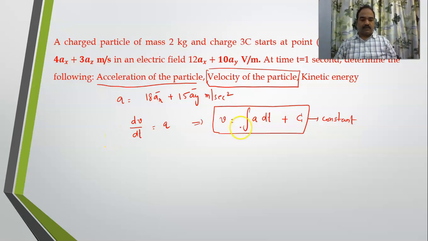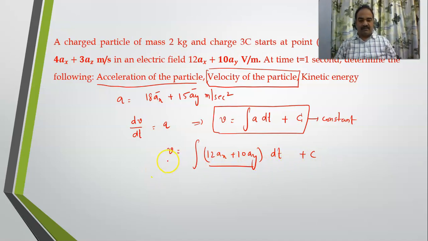Now, what I will do, you see, velocity is equal to integral of, what is a here? A is 12ax plus 10ay dt plus c. Now, if you carefully see, this is a vector and it can't be done in this fashion, right?